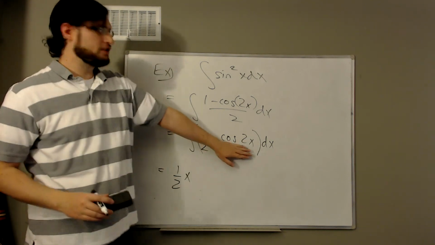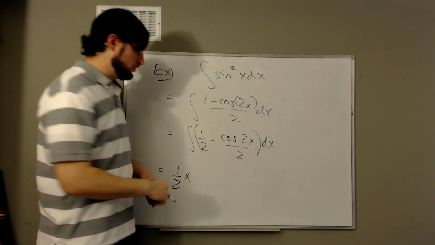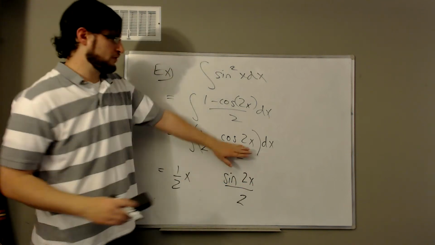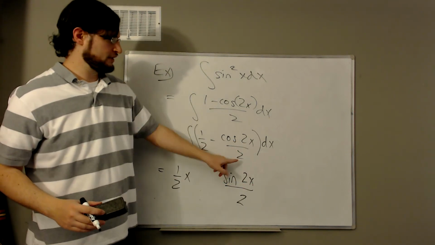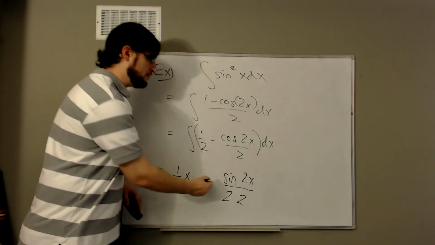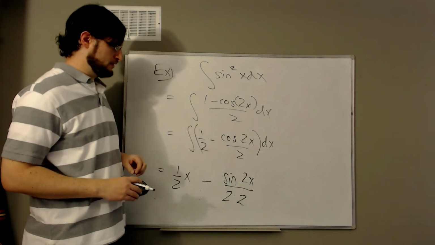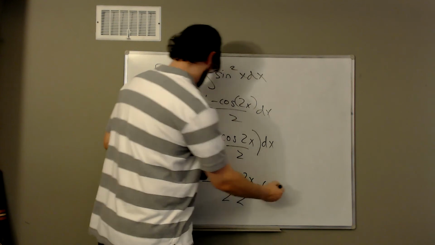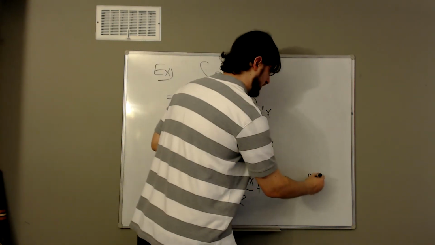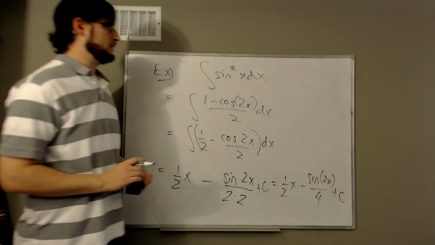If I just had cosine 2x, the antiderivative would be sine 2x divided by 2. So I need a sine 2x divided by 2 for integrating cosine 2x, and then I still have that extra 2 in the denominator. And it's still a minus because the derivative of sine is cosine already. So the final answer is 1/2 x minus sine 2x over 4 plus c.